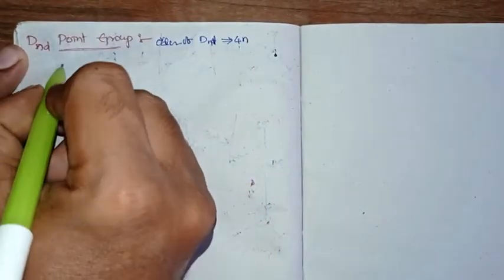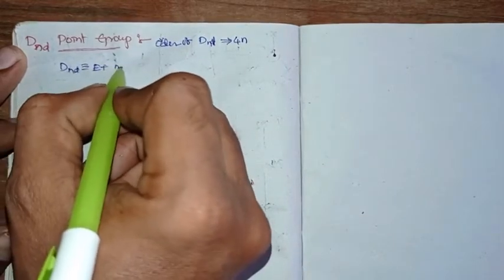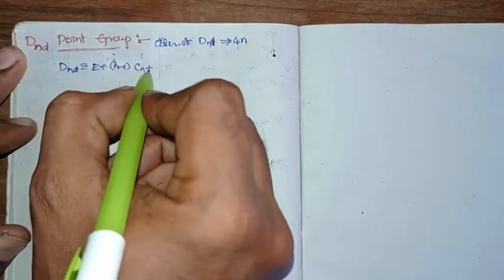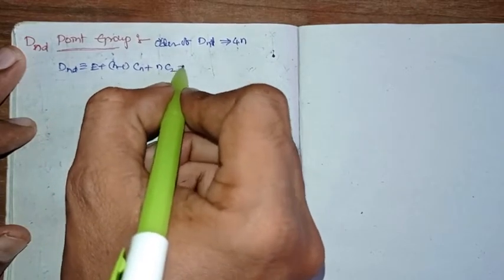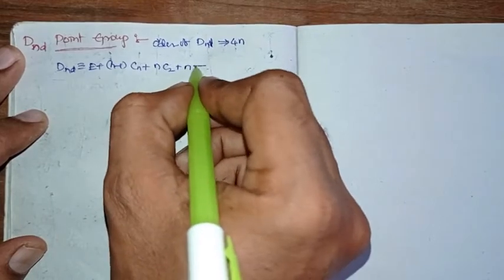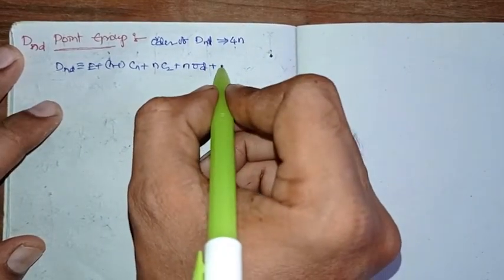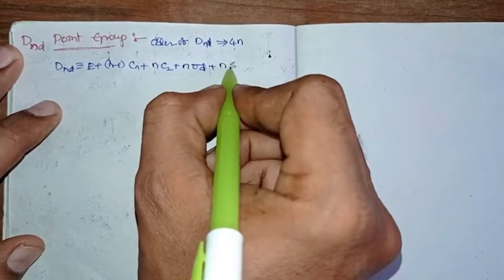The elements in the D_nd point group are E, plus n minus 1 number of Cn's, plus n number of C2's. In addition to that, there will be n sigma d's, plus there will be n number of S2n's.